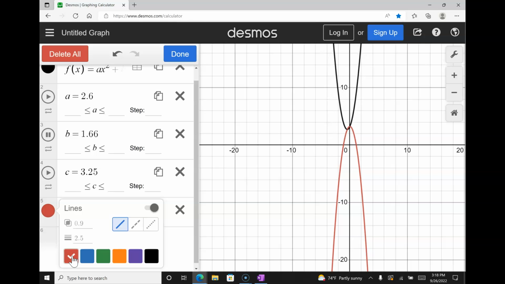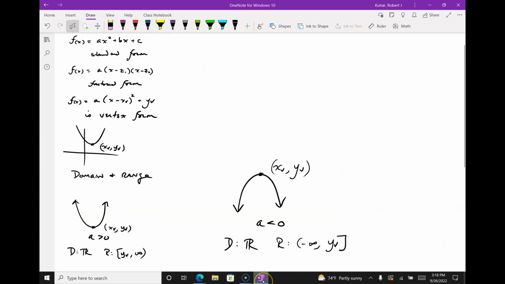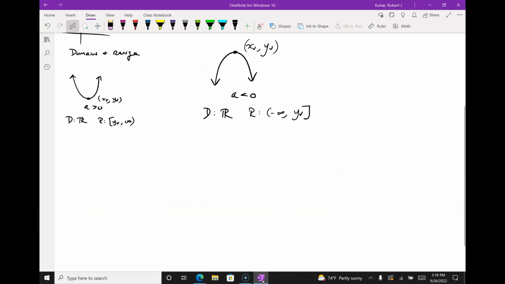What do you think we should have to find on a quadratic like this? Y-intercept? Yep. X-intercepts? Yep. Vertex? Right? We should be able to find all of those points.